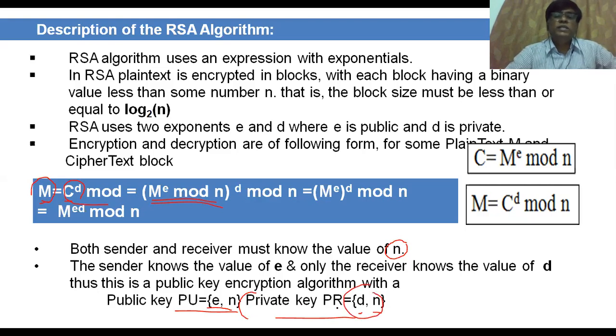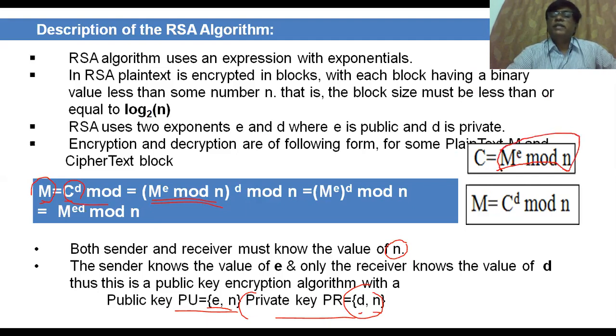By using D comma N and E comma N, you will perform encryption and decryption algorithms. So what is the ciphertext?